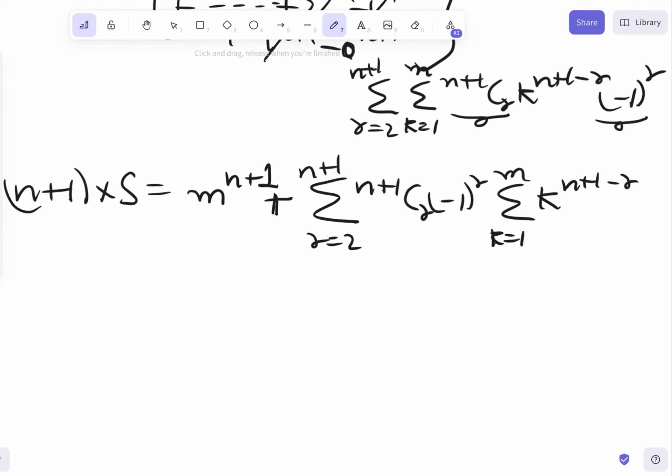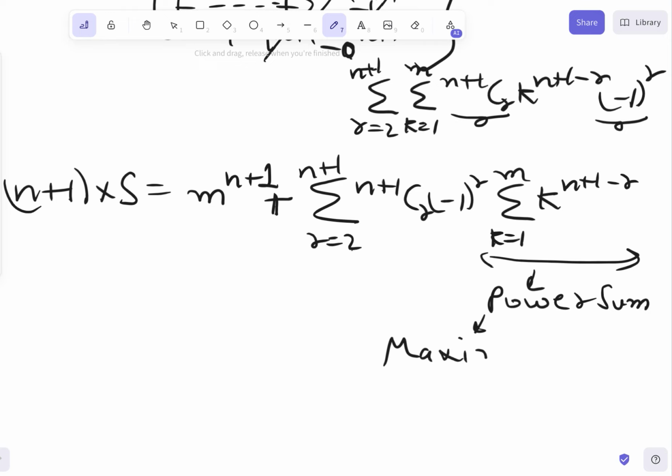Now notice one thing, that once we fix r, this again becomes a power sum. Only the power is not n, but the maximum power here is when r equals 2.